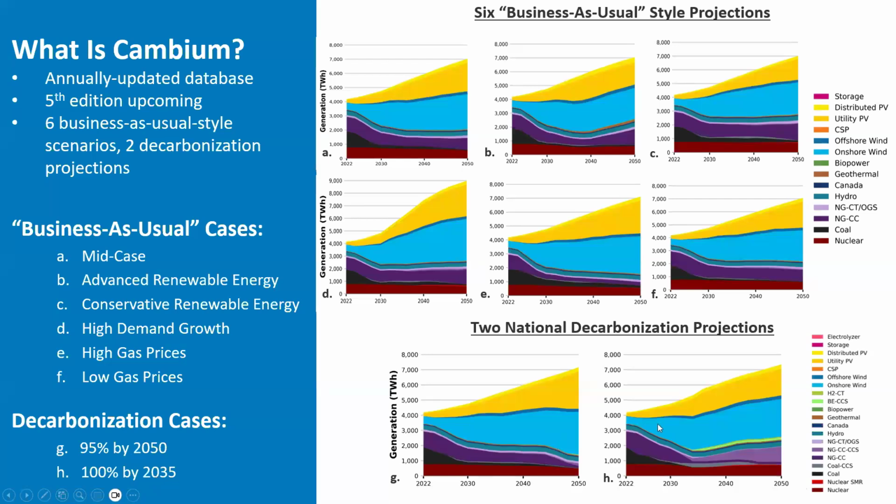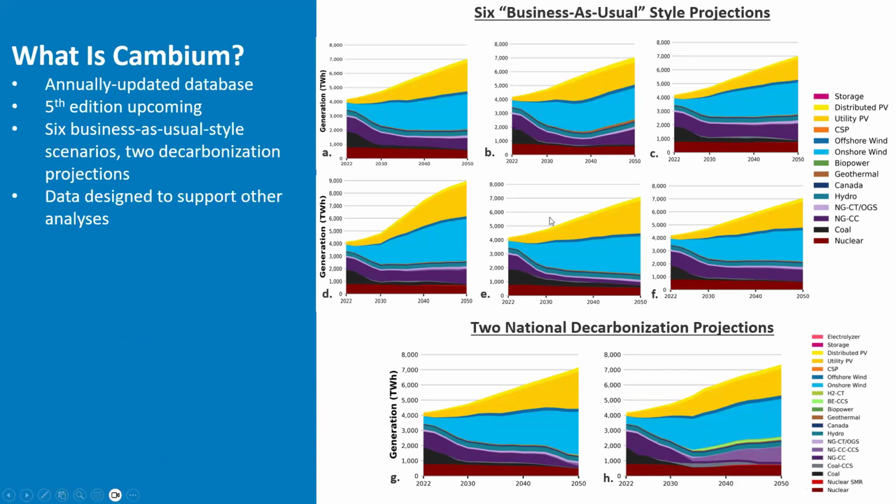So you can see there are 2 different projections here where we've imposed those constraints onto the model and had it tell us the pathway to achieving those constraints. So those are the scenarios that are in this Cambium data set.